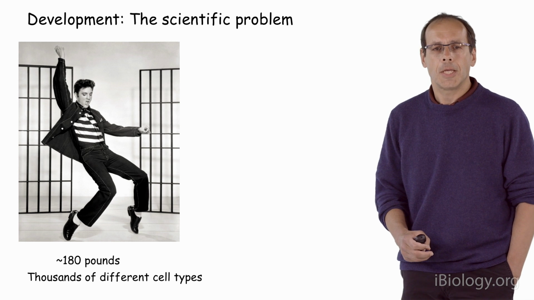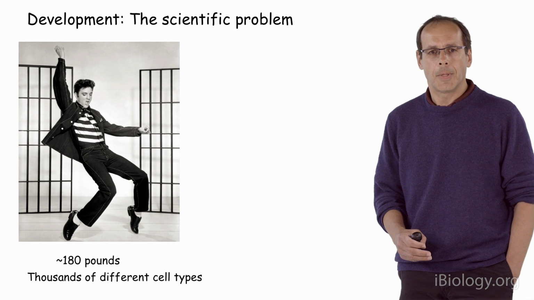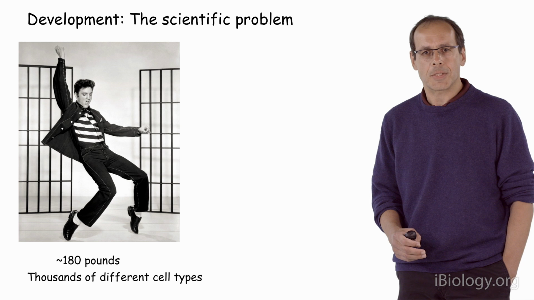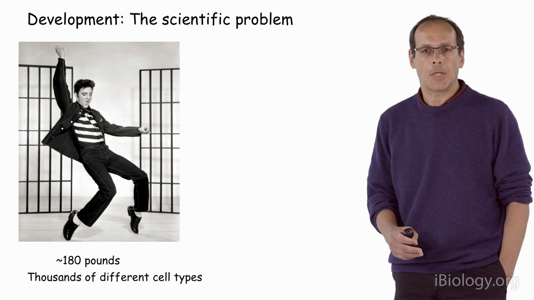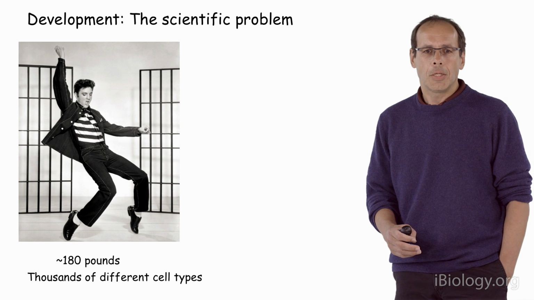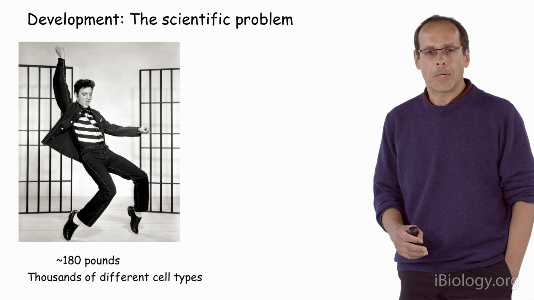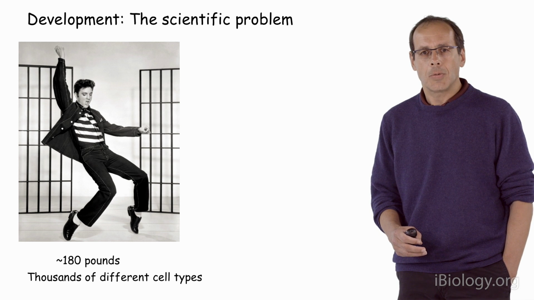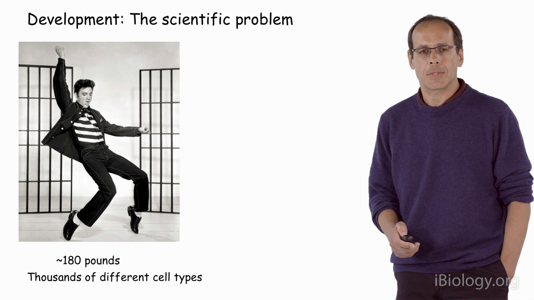So essentially, imagine a fully grown organism as shown by Elvis Presley, who actually was stationed in Bad Nauheim. You can see that we have an organism of about 180 pounds, which consists of thousands of different cell types.